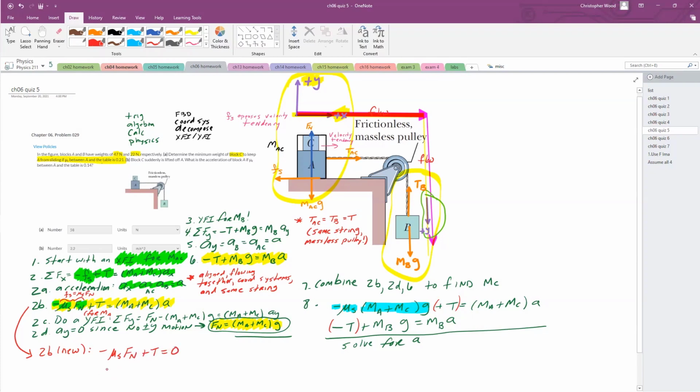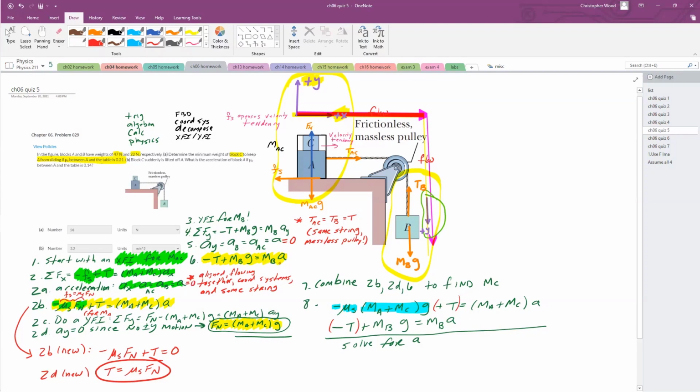And then we can say the new 2D. So this is what we get: tension equals mu sub s times F sub n. So let me draw a circle around that. And over here, this is equal to 0.